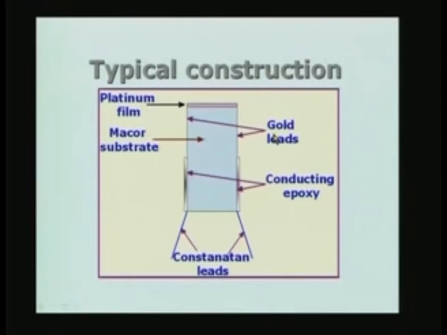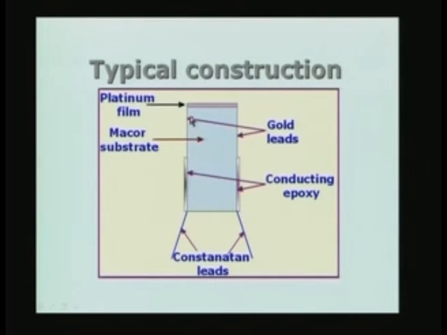A typical construction for the sensor will be a thin film of platinum, which is usually obtained by either painting or by vacuum vapor deposition of the material as a very thin platinum film on the substrate, in this case the Macor substrate. We take 2 gold leads from the 2 ends of the platinum film, and then we have a conducting epoxy to which the leads are attached.